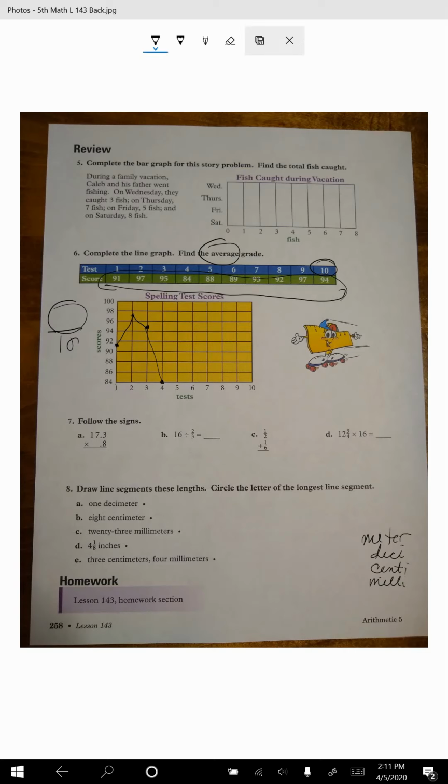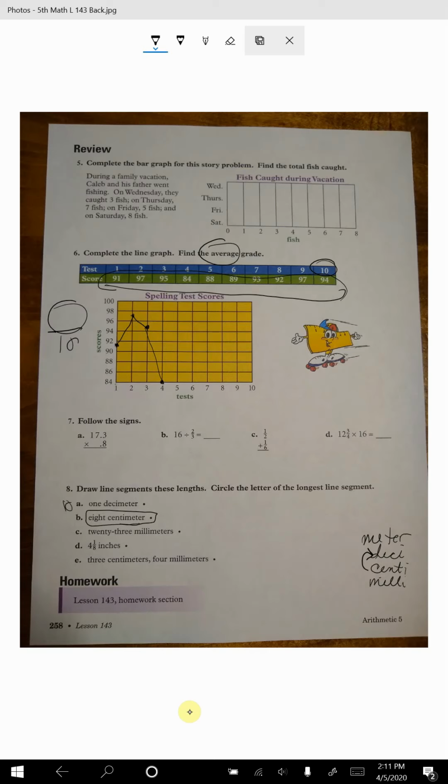So therefore, if your ruler is marked in centimeters, that should be easy to do. But a decimeter would be 10 centimeters, because a decimeter is 1 step away from a centimeter. So to measure that decimeter, you're going to need to mark 10 centimeters.